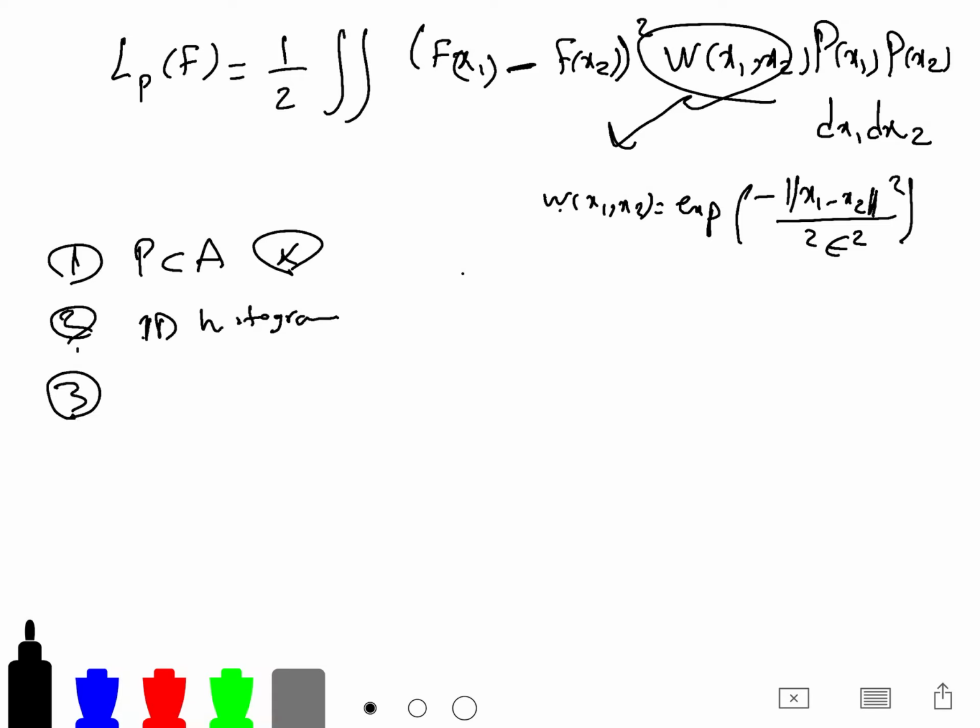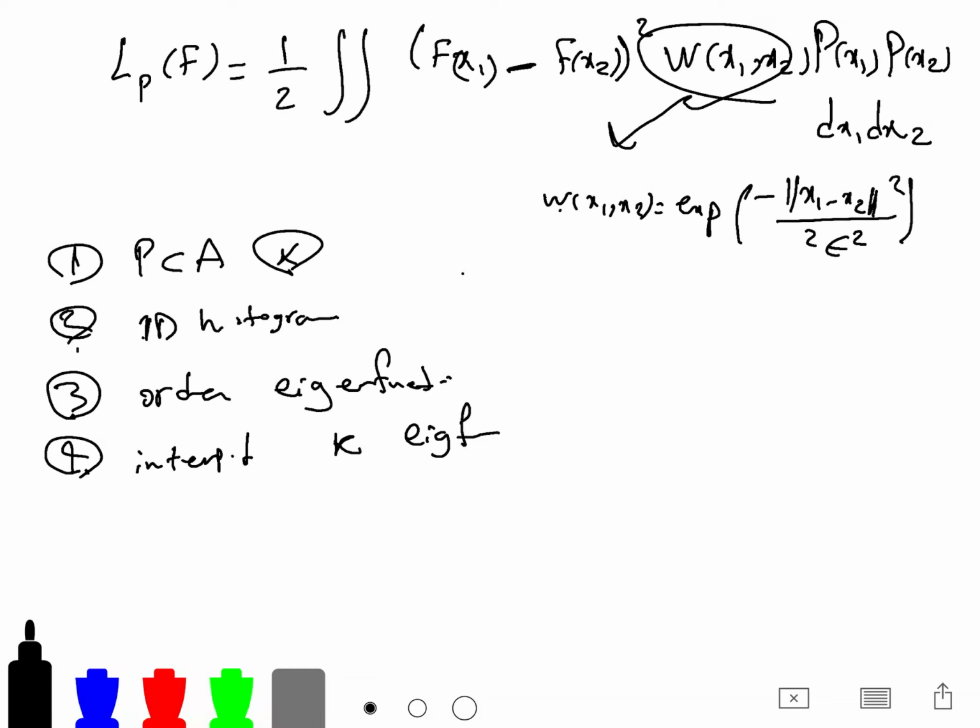Then they order their eigenfunctions, and finally interpolate the data into k eigenfunctions. This yields approximate eigenvectors of the normalized Laplacian. And finally, in step 5, they solve their k by k least squares system to give label functions.